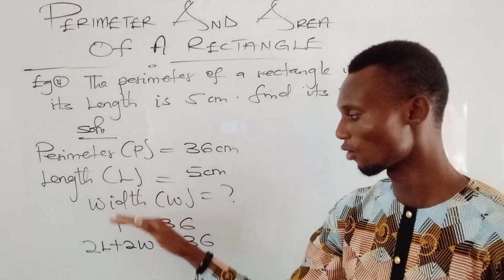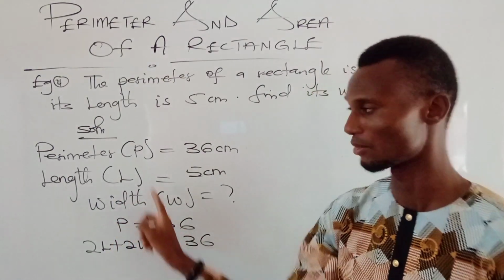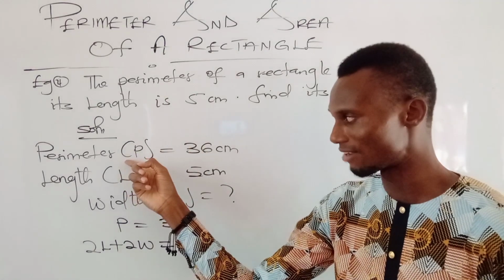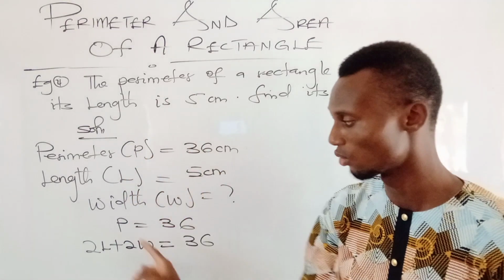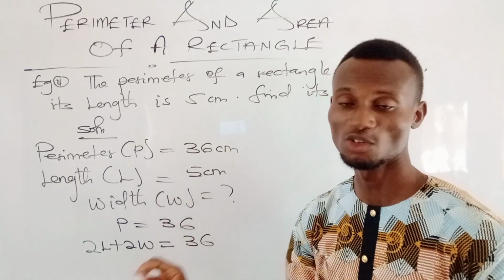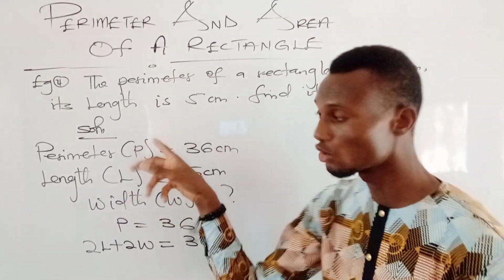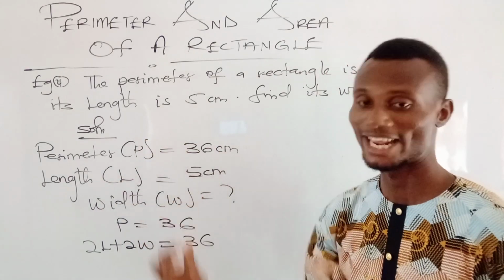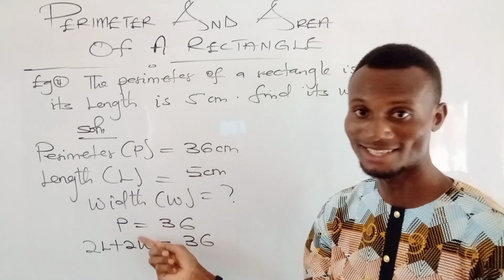Let me just go over one more time. We have P equals 36 because from the question we were given the perimeter P equals 36 centimeters. We are asked to find the width, and the only place we can get the width from is the perimeter. So we come back to the perimeter, P equals 36, and you write it down.